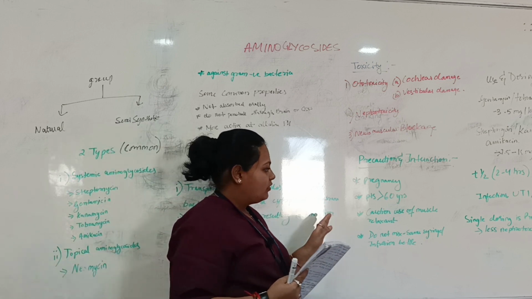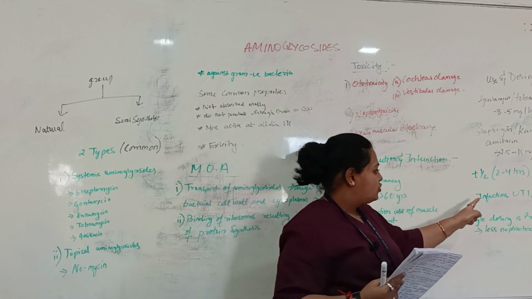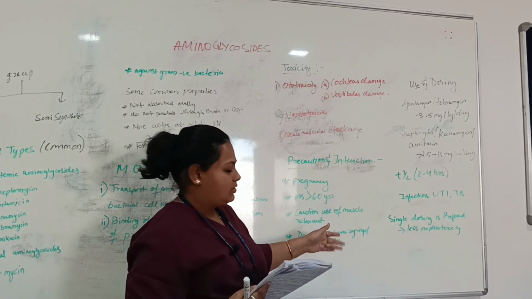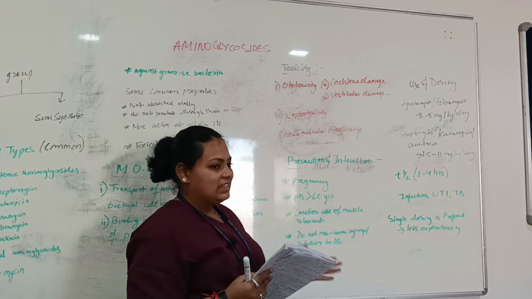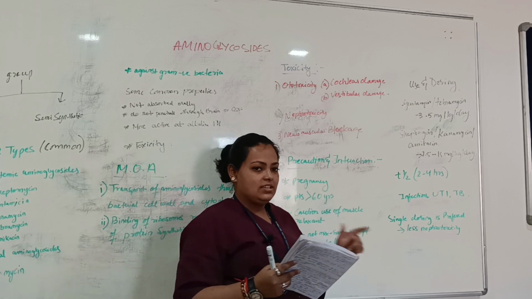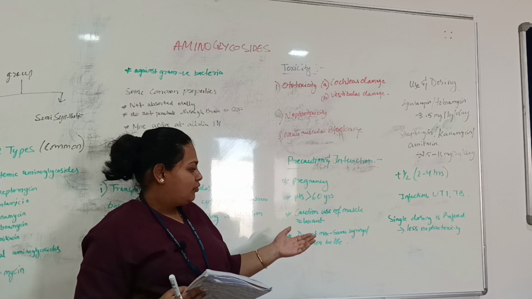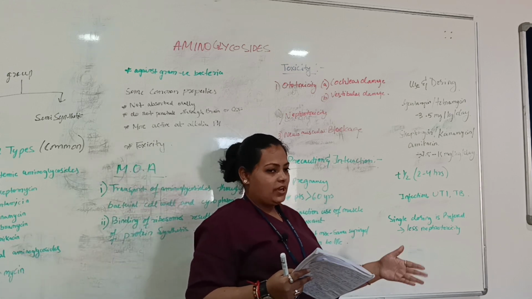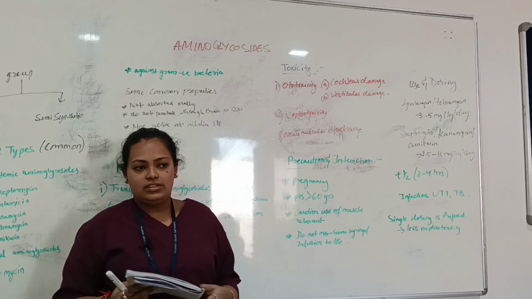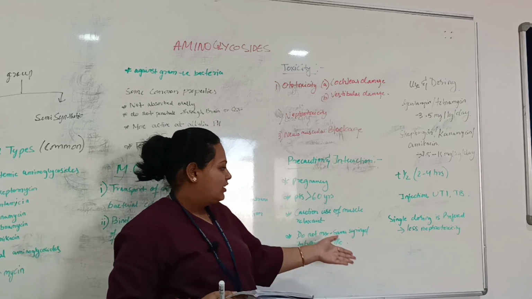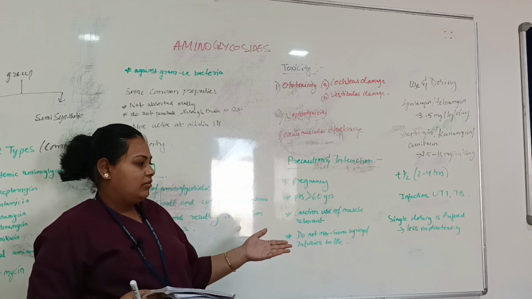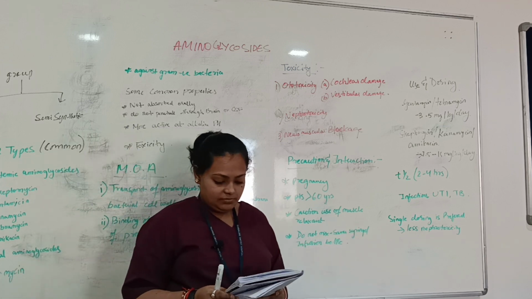First, the half-life is 2 to 4 hours, and aminoglycoside dosing should not be divided. If given as a single dose, it is better and less nephrotoxic. If you divide the dose, it can be toxic. They are used for infections such as UTI, TB, and respiratory tract infections.